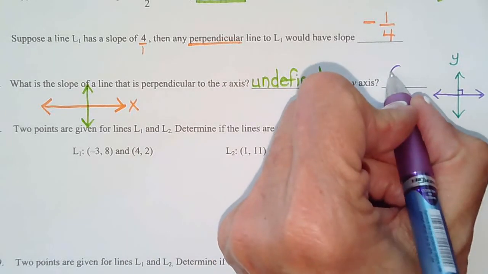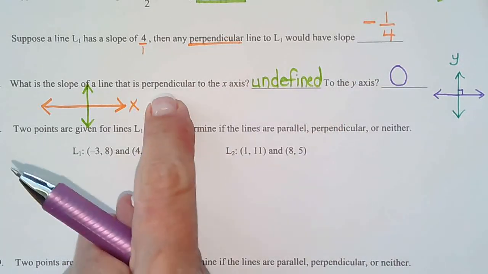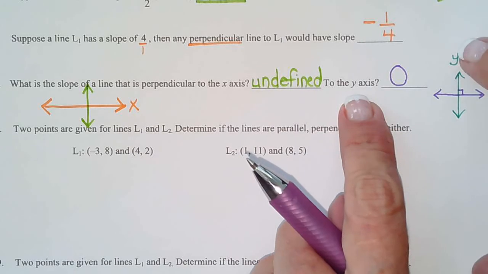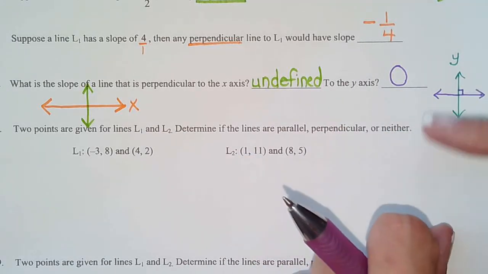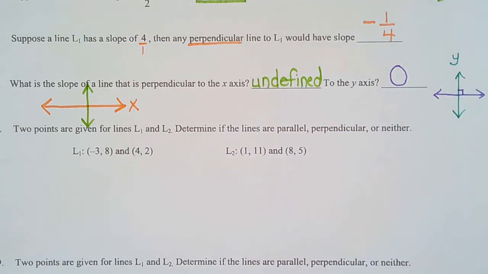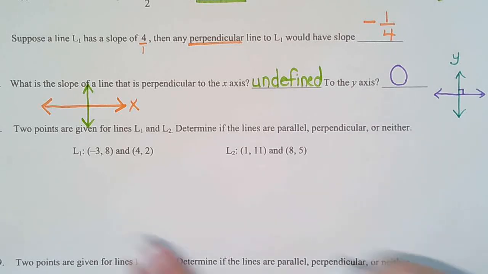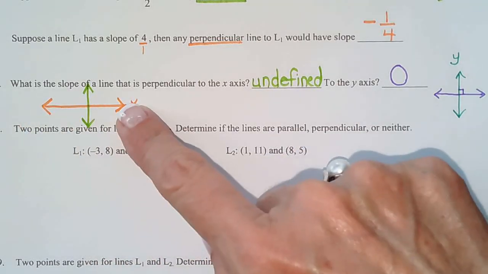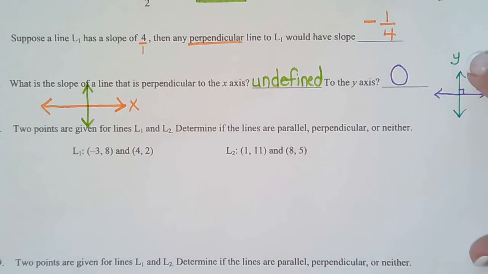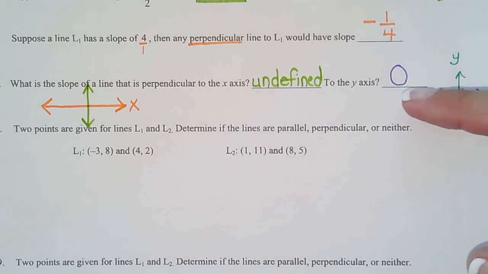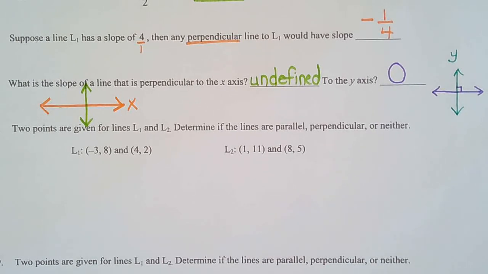So the y-axis has undefined slope, but if it's perpendicular to that, it would be a horizontal line that has 0 slope. So the x-axis has 0 slope. The line perpendicular to it is undefined. The y-axis has undefined slope. The slope of a line perpendicular to it would be 0. So those really make you think.